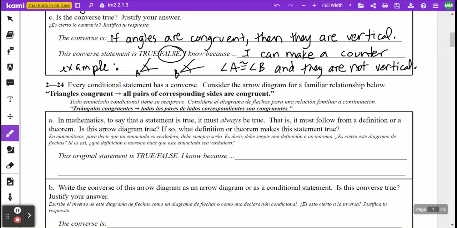2-24. Every conditional statement has a converse. Let's consider this arrow diagram. Triangles congruent implies all pairs of corresponding sides are congruent. Here I read the arrow as implies.